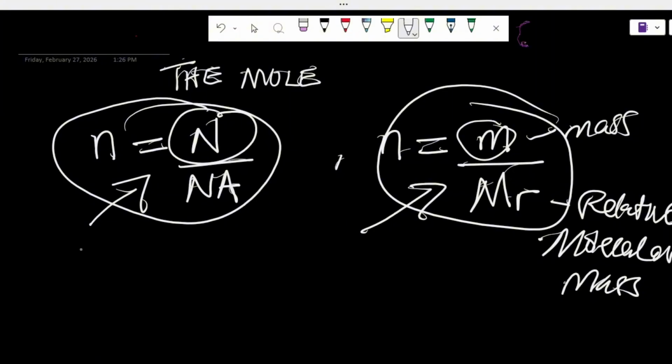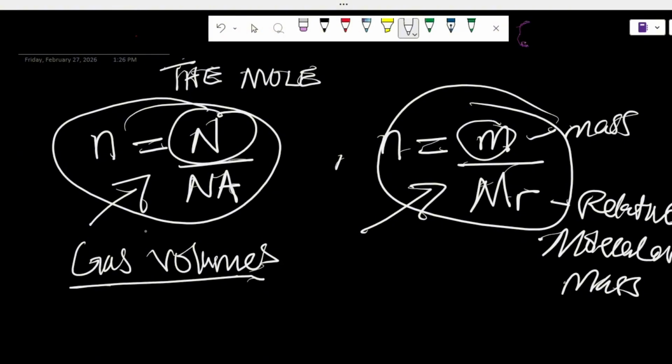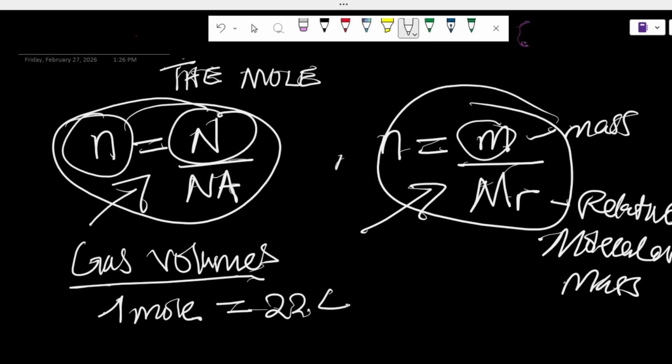Now, there are also what we call the gas volumes. Now, these are also important. You understand that since we're dealing with moles here, 1 mole is equal to 22.4 decimeter cubed.